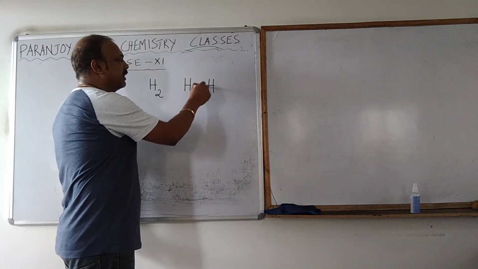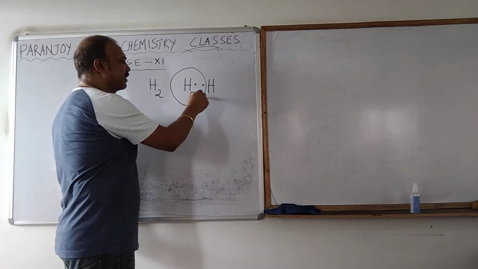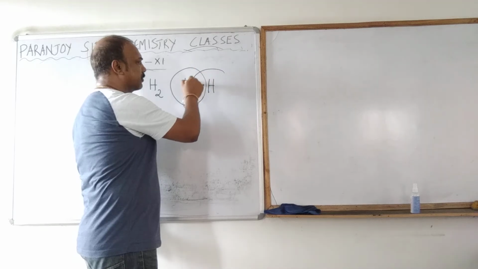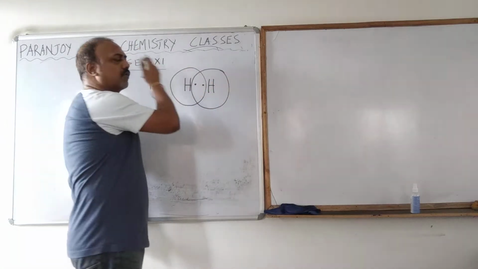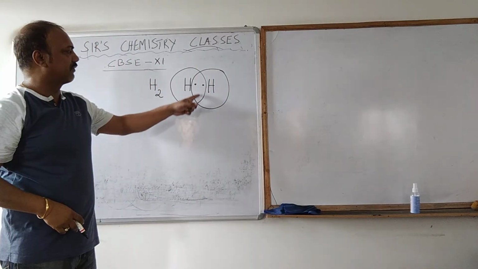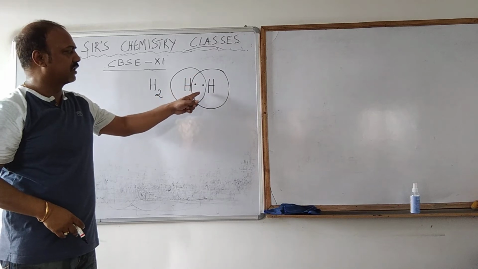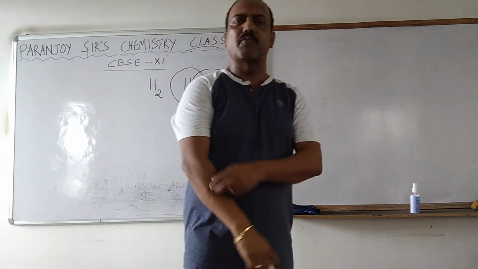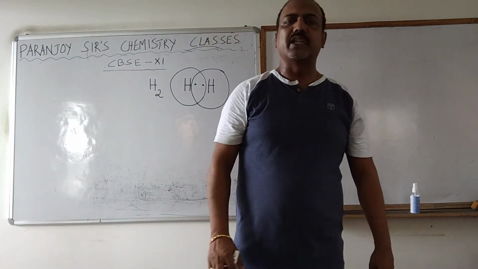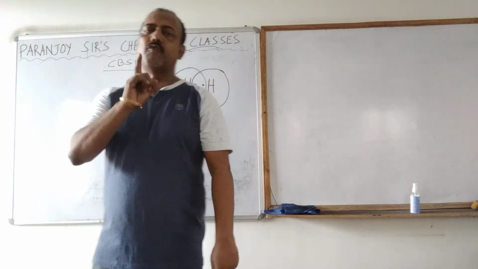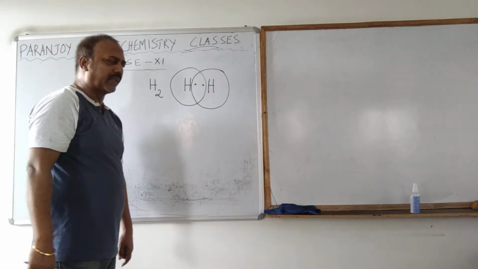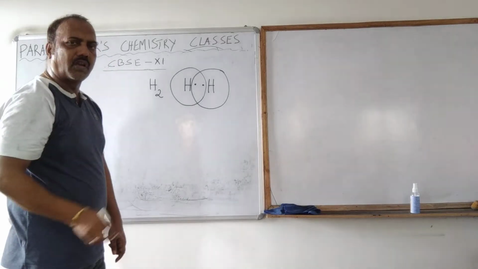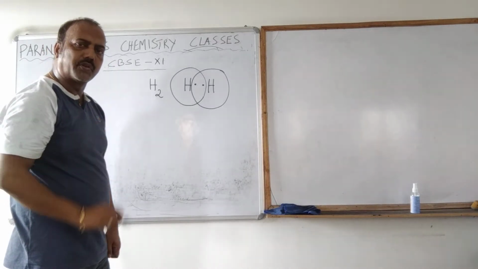This hydrogen will use both the electrons, so I am drawing a circle with this hydrogen. This hydrogen will also use both the electrons, so I am drawing another circle. This is the intersection of the Venn diagram, which is common for both the hydrogens. Common means it is being shared. If one pair of electrons is shared, as it is happening over here, we call it a single covalent bond.